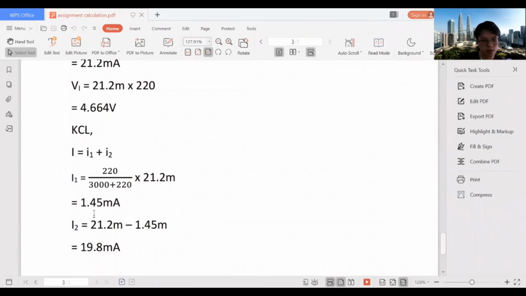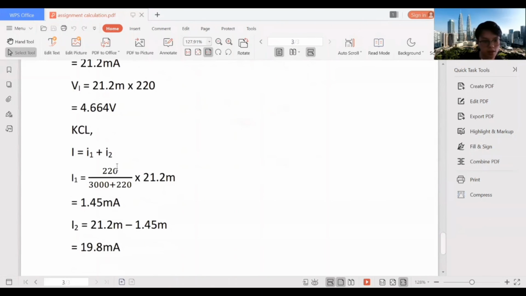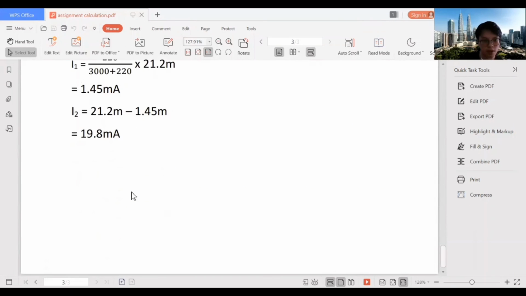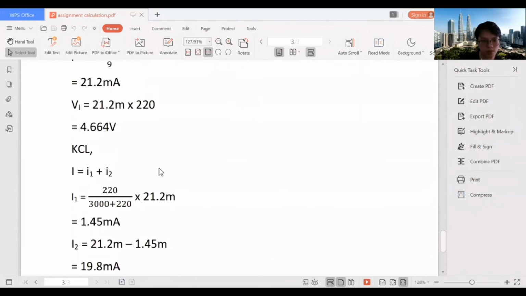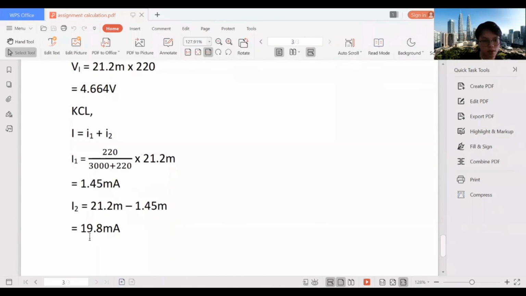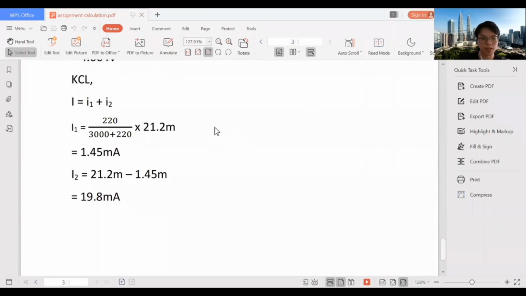So we get the current passing through the 3000 ohm resistor is 1.45 milliampere, and the current passing through the second resistor, I2, is 19.8 milliampere. That's all for my part. Thank you.